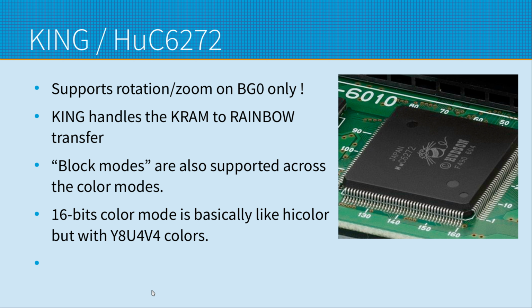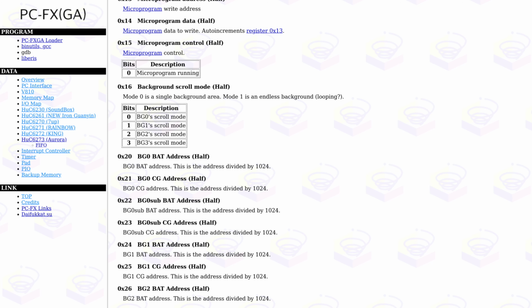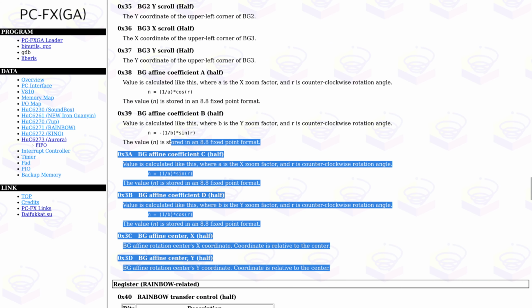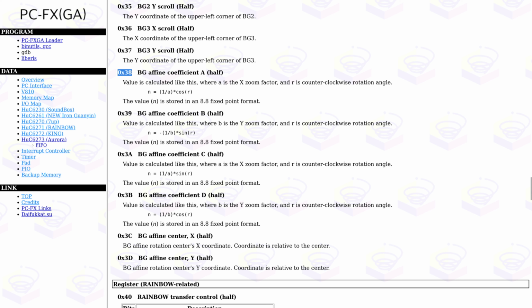The documentation was implying that you could not rotate on BG0, but that is absolutely false, as I'm going to show you, because if you take a look at those registers, it doesn't mention anything about selecting the background to rotate or whatever, just BG affine coefficient.